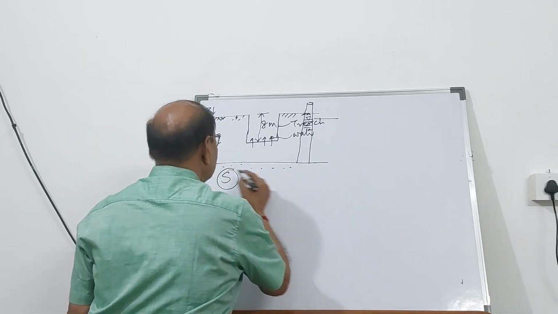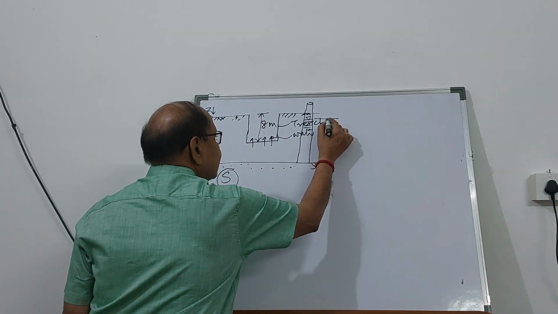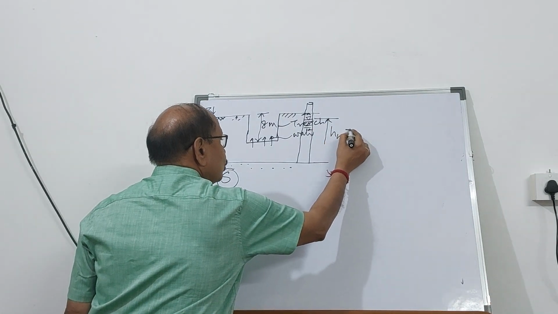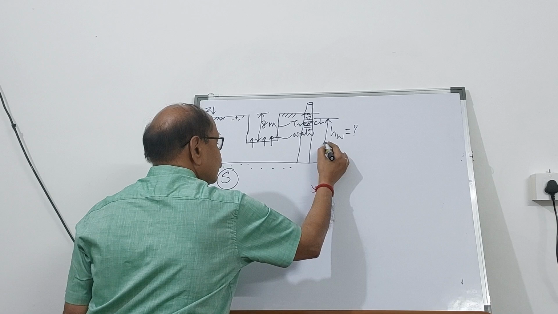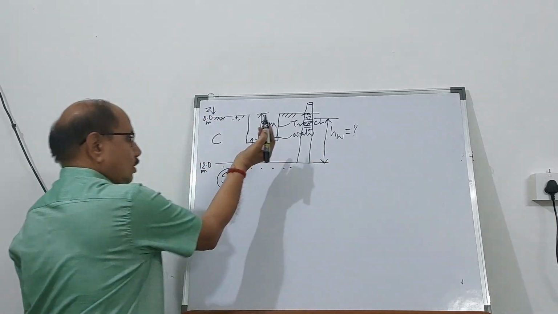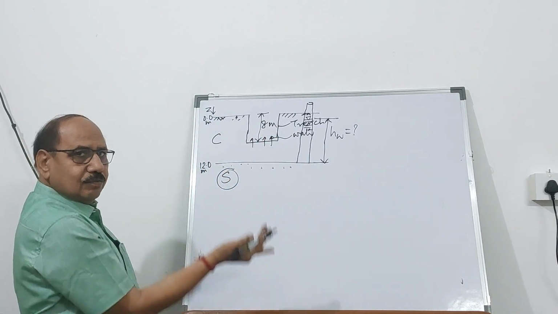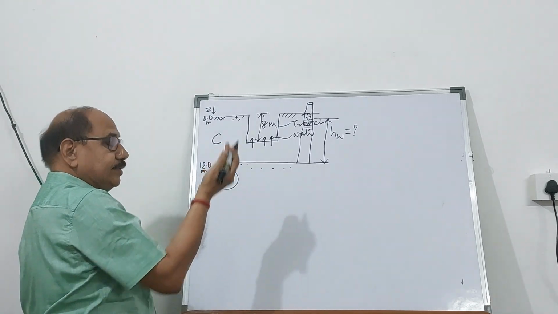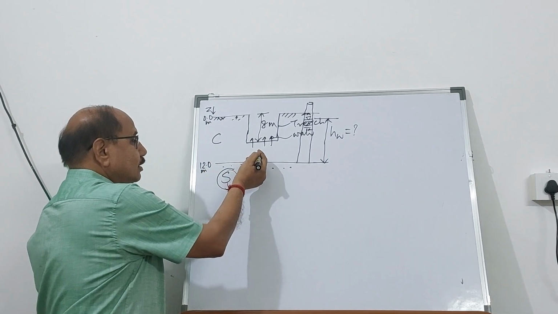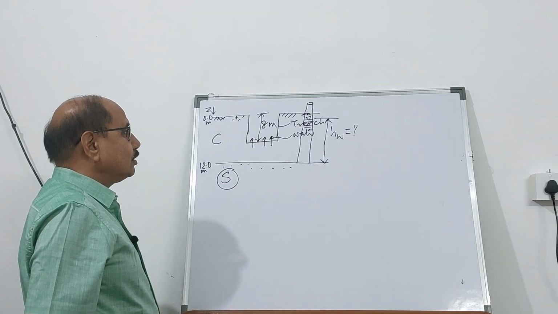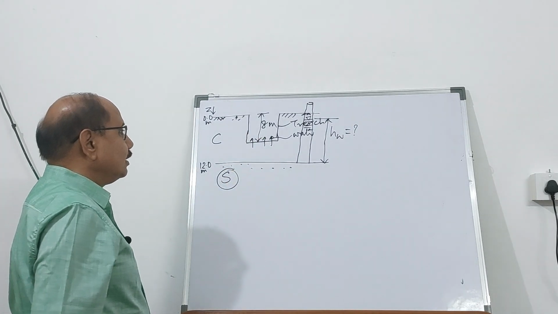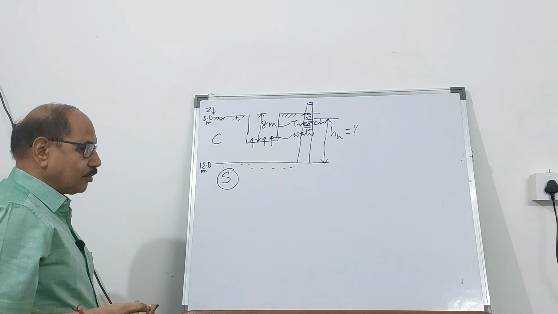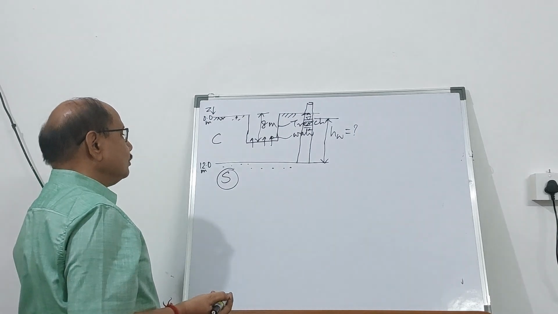If I put it at this 12-meter level, it is h_w. So what is this h_w? From downward, there is going to be seepage pressure. What is that head that's causing this failure when I come to this particular position?